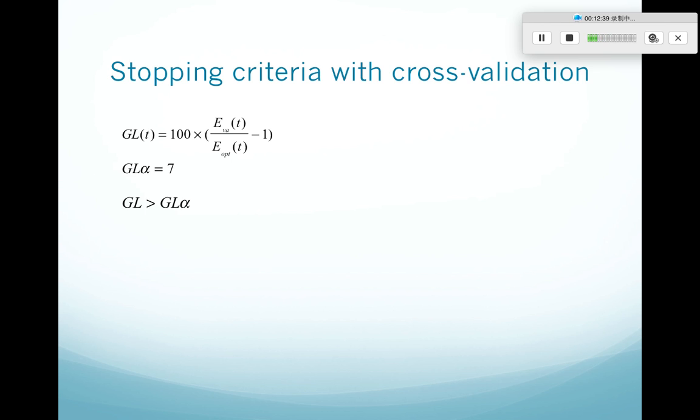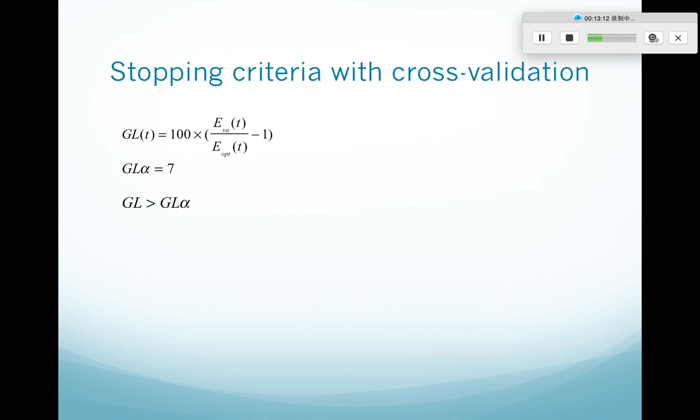And in this project, I choose the GL method, which is defined in the first equation. In this equation, E_va(t) means the per-example error at the present iteration, and E_opt(t) means the minimum error value so far. So one of the obvious reasons to stop training is high generalization loss, because it clearly means overtraining.